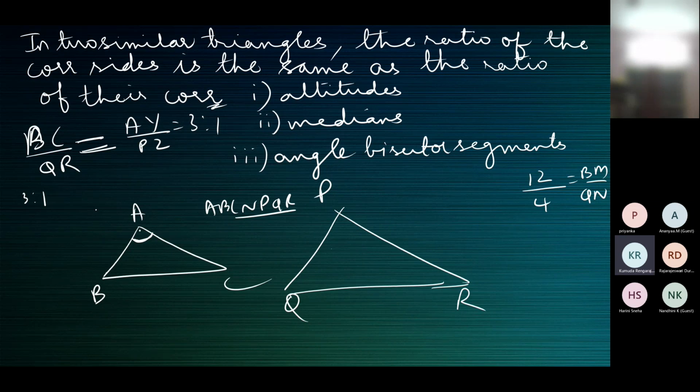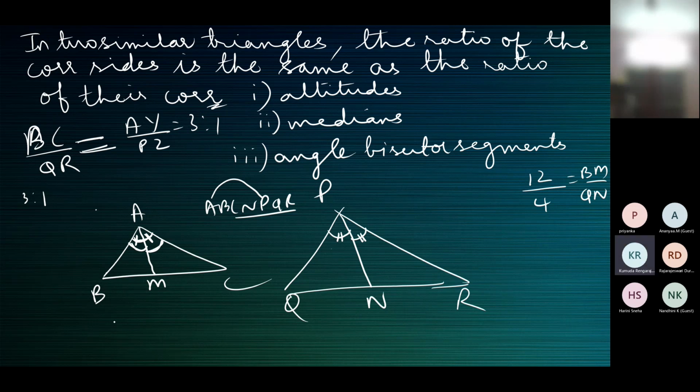When it's the bisector of angle A, this angle is equal to this angle. Angle A corresponds to angle P. So if you have the bisector of angle A here, then you must take the bisector of angle P here. Now these are the corresponding angle bisector segments. AM is a line segment, PN is a line segment. What kind of line segment? Angle bisector segments.